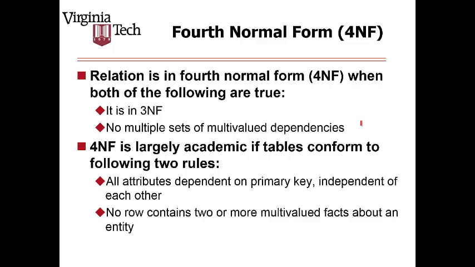So basically what you do is you create two tables instead of one table for each multi-valued fact. Now, you should never have this problem coming out of an ER diagram either, because your models should have produced different tables for each multi-valued attribute.